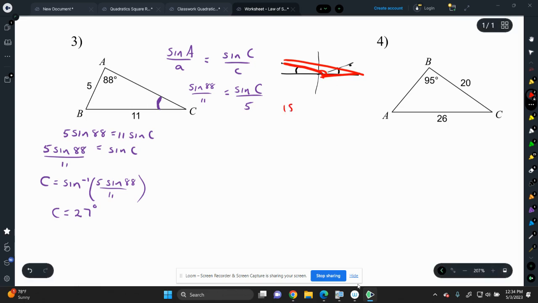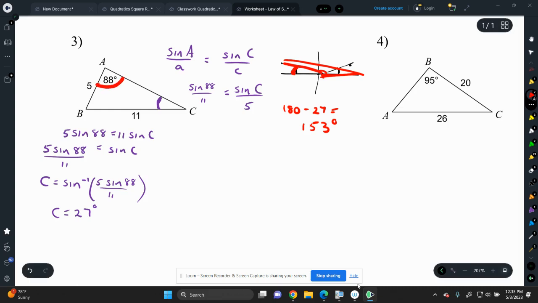So 180 minus the reference angle of 27 gives me 153. Is that going to be possible? No, that's not possible because this has 88 degrees.